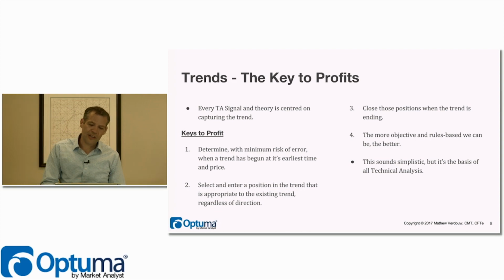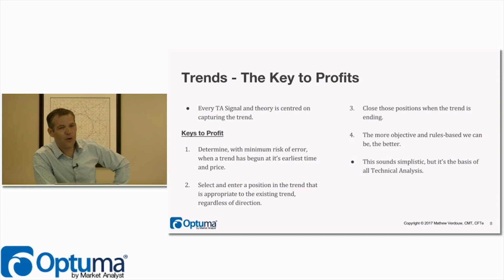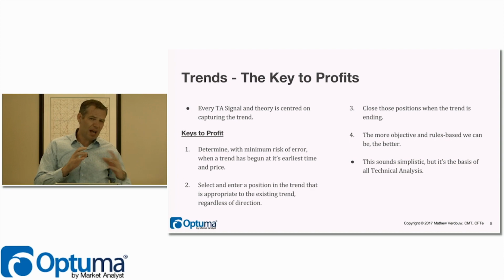We need to select and enter a position in that trend that's appropriate to the trend. So if we were trading secondary trends, something that Dow wouldn't recommend, but if we were and we saw that those trends typically lasted 1 month, we wouldn't be taking a massive position and expecting to hold it, particularly if it was a position that took us a couple of days to roll into.